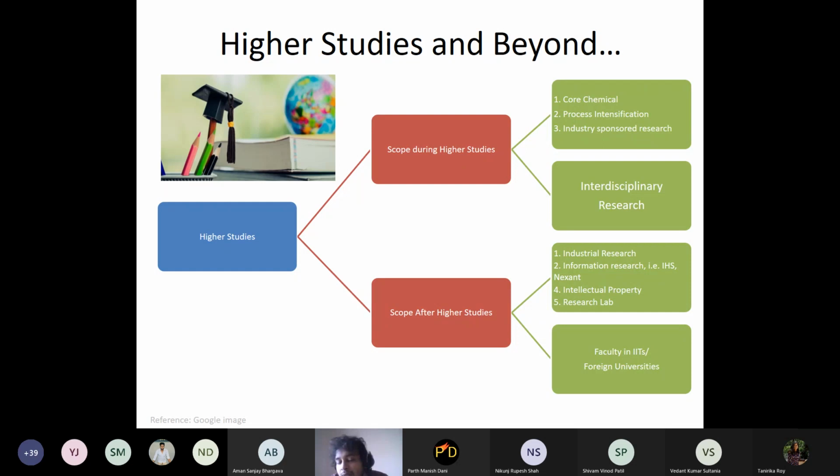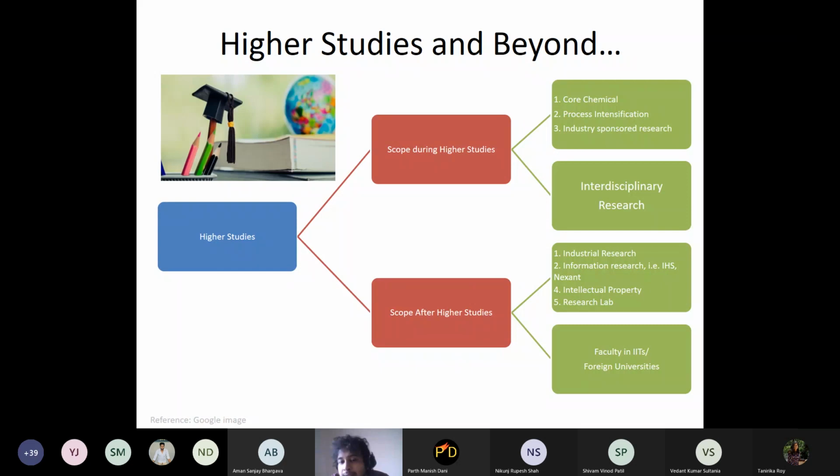Then after the higher studies, once you do an MTech or a PhD, what are the scopes? There are different scopes. One is industrial research, the industrial R&Ds. Like I am at SABIC, and we are doing research on different topics. I'll come to the details later, on what kind of things I do, in the next slide.